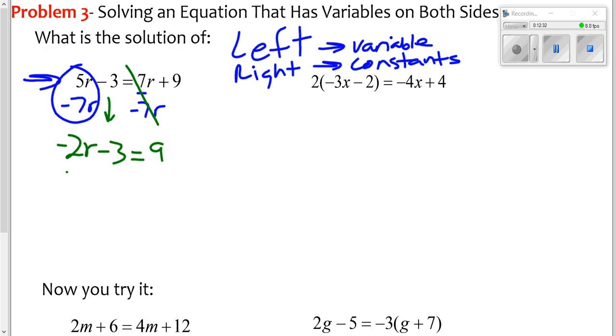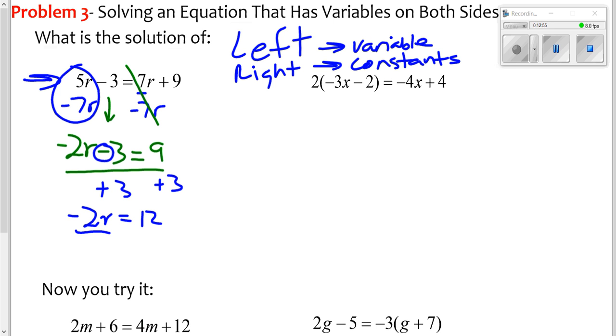now I'm back to a two-step equation, and I can solve this doing the PEMDAS backwards, or the order of operations backwards. So this is a minus, so I want to add 3 to both sides. I get negative 2r equals 12.